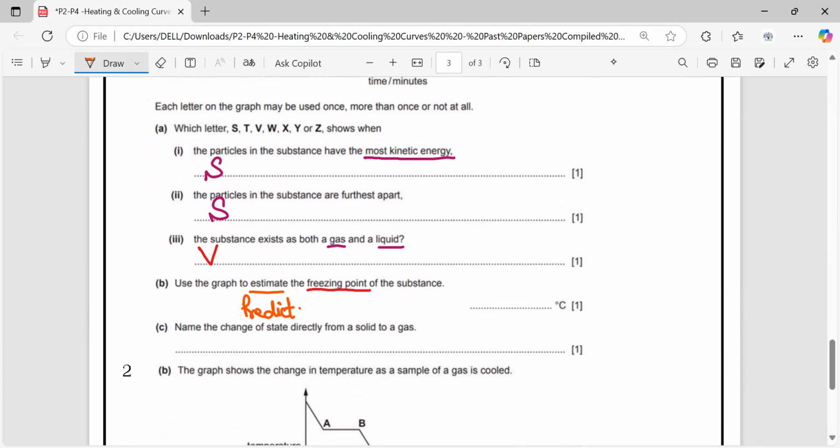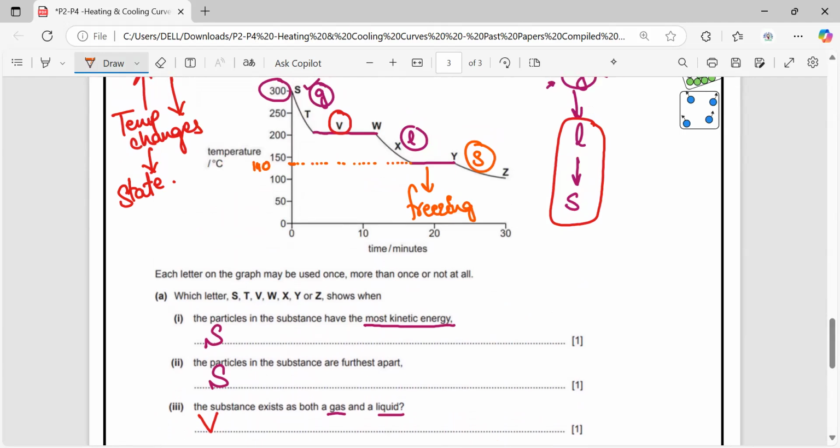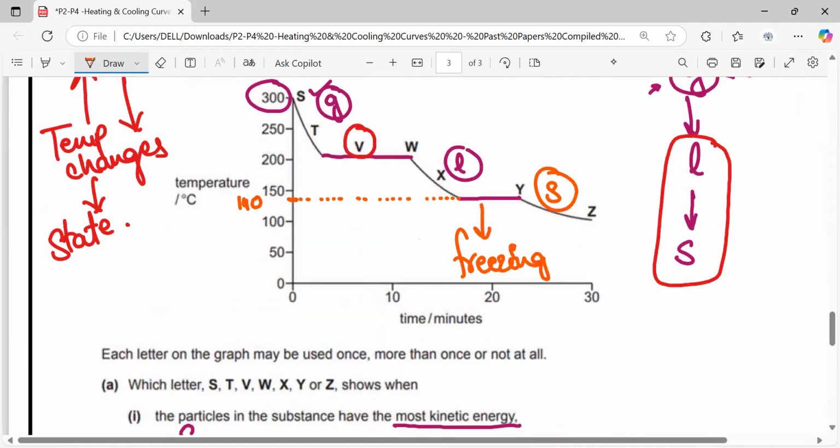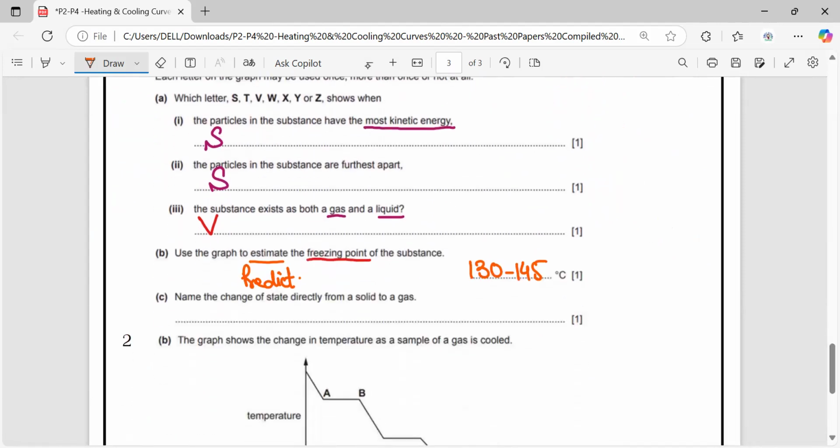In this question, your answer should be between 130 and 145. You can write any value because here there is no proper graph. We don't have the markings between 100 and 150. So between these two, you can write any answer.